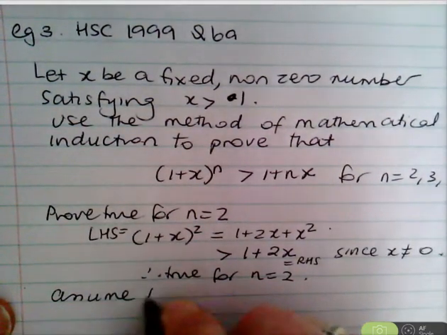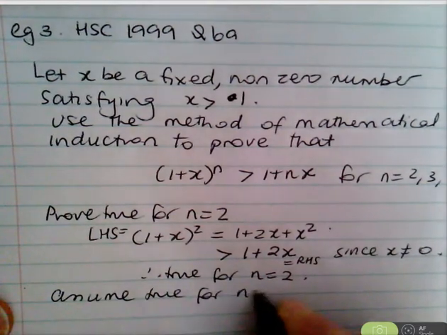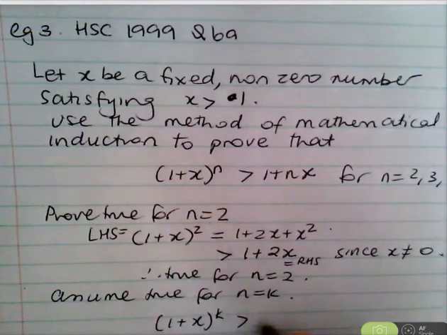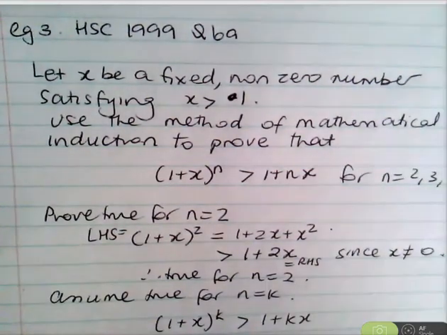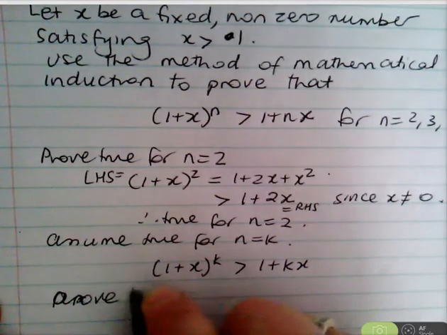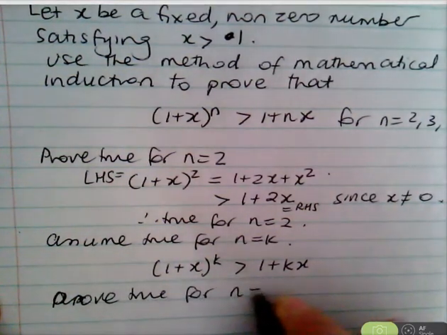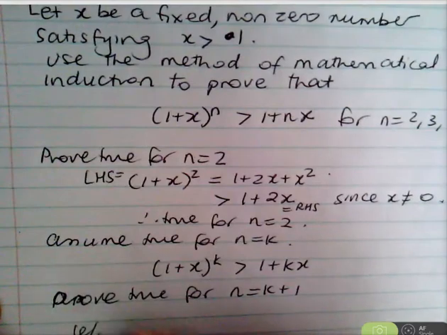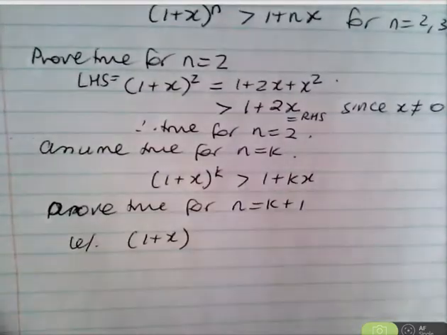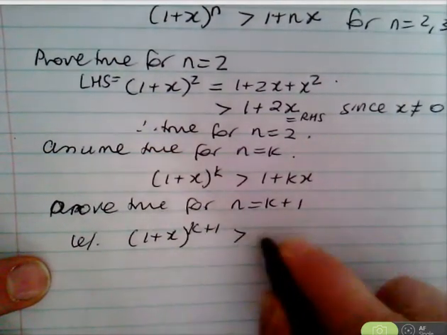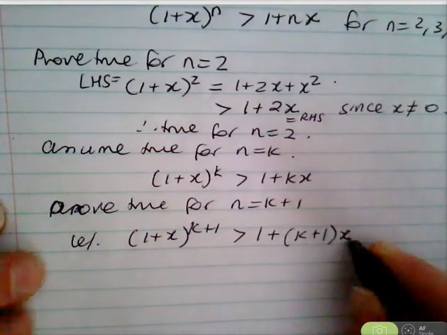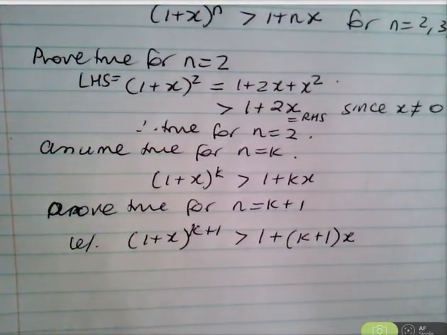Step 2, assume true for n equals k. We're assuming that 1 plus x to the power of k is greater than 1 plus kx. And step 3 is to prove that it's true for n equals k plus 1. That is, we are trying to prove that 1 plus x to the power of k plus 1 is greater than 1 plus k plus 1 times x.